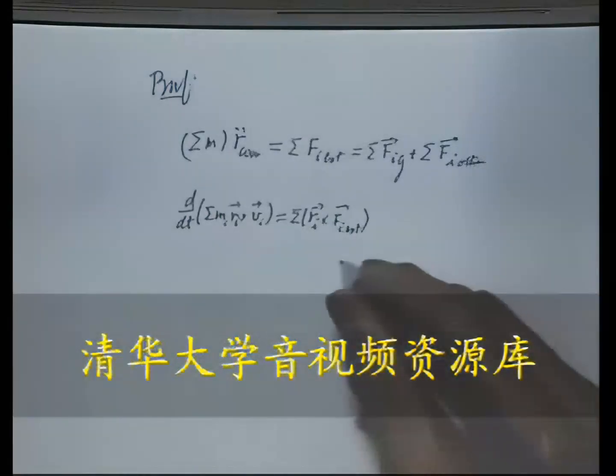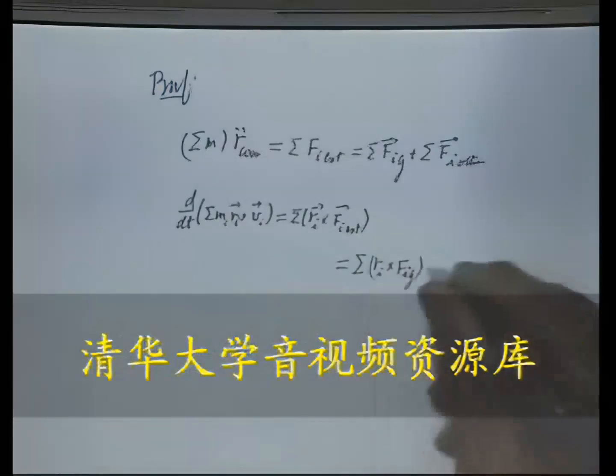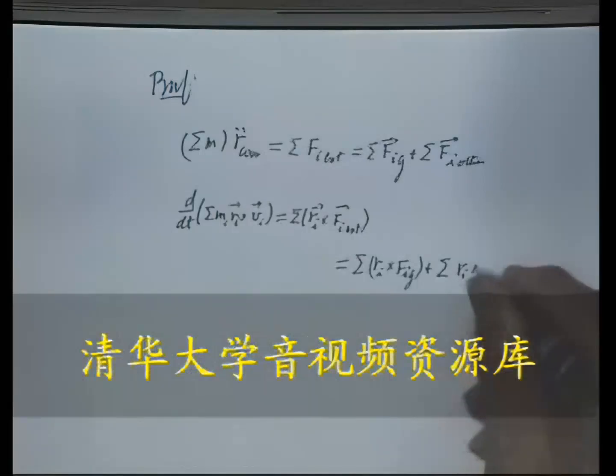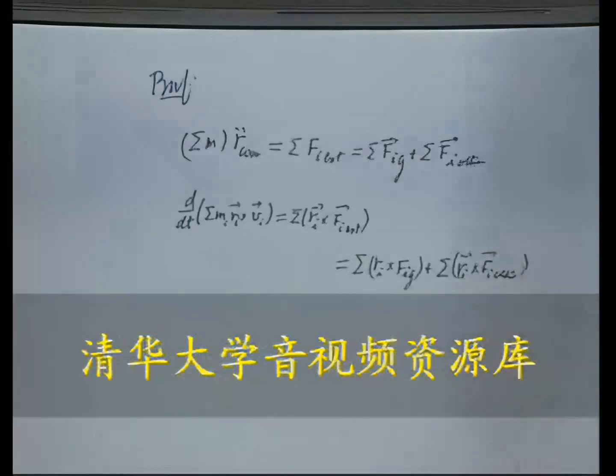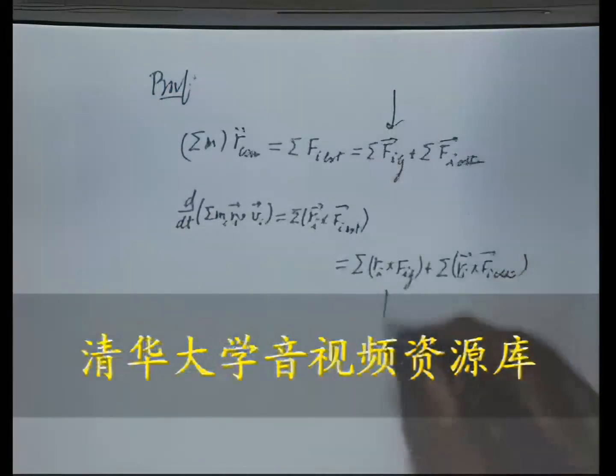And we now separate that into two parts: summation of Ri cross Fi gravitational, plus summation of Ri cross Fi other. In other words, we separate the gravitational effect from the non-gravitational effect. These are the gravitational effect.